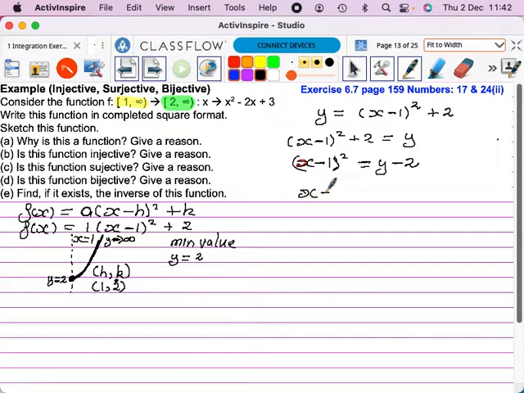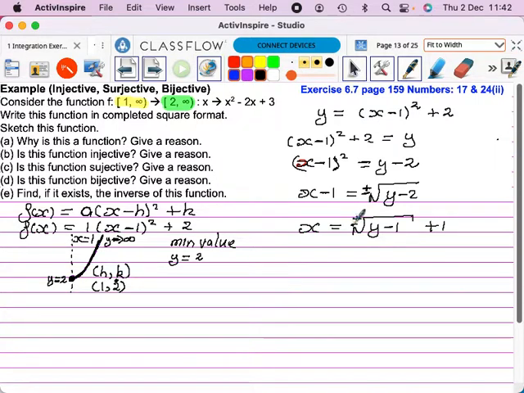We're going to square root both sides. But when we square root, the answer is plus or minus. Come back to that in a minute. And then we bring the 1 over, and that 1 becomes a plus 1.